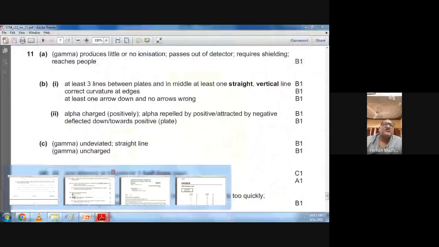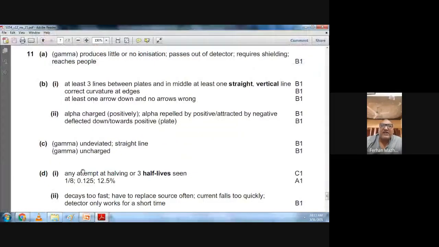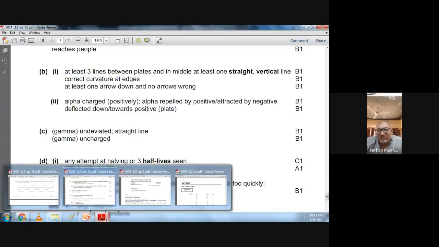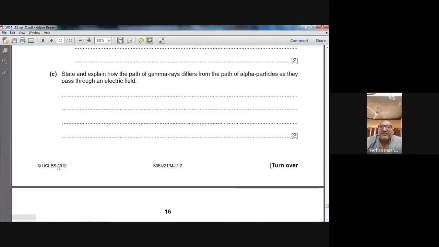Okay. So the marking scheme says undeviated straight line, gamma uncharged. These are for 2 marks. One is for telling that the gamma will go undeflected, undeviated. And the second mark is for saying that the gamma is neutral. It has no charge on it. It was a 2-mark question.